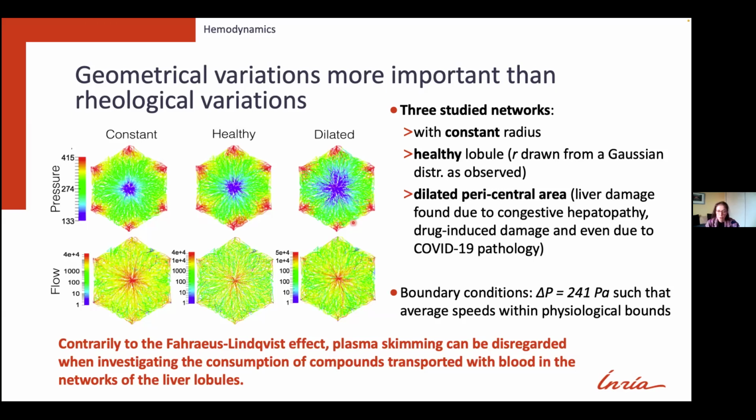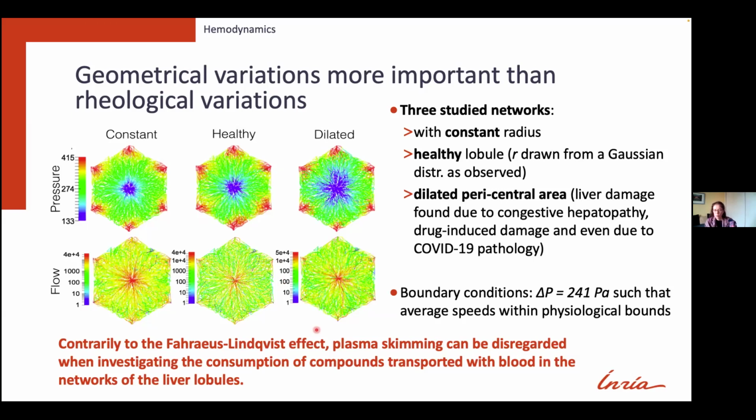And here, actually, we found that this geometrical variation has more impact than the rheological variation that I talked about before. So more impact on the pressure, the flow rate shown here, but also the velocities.